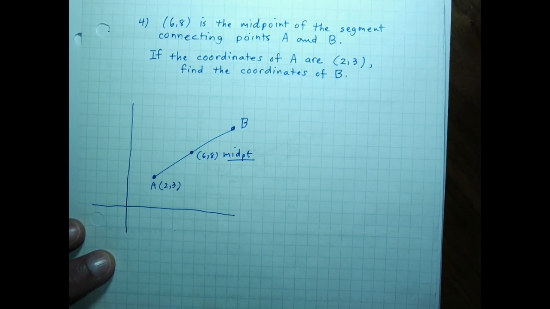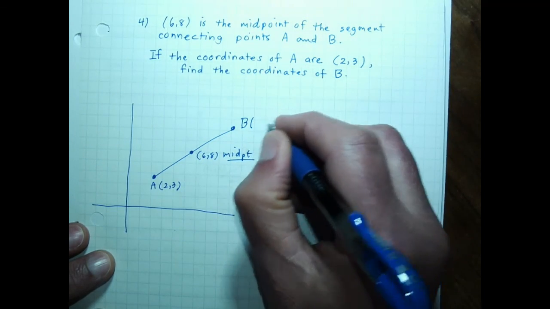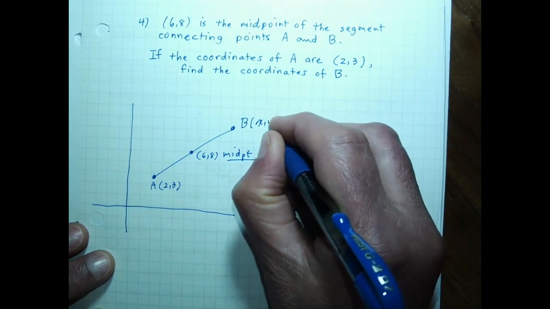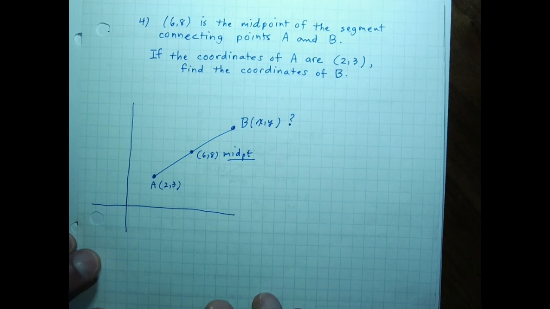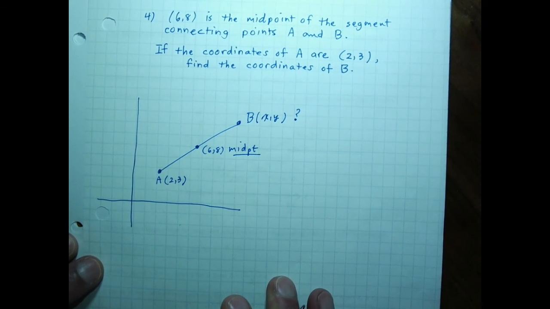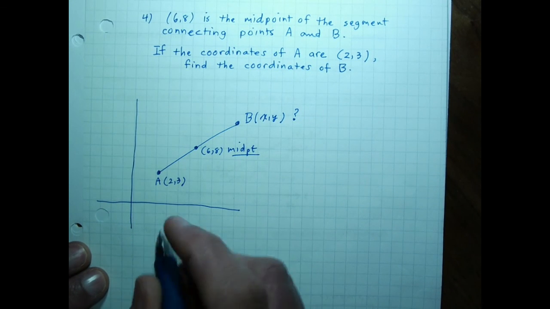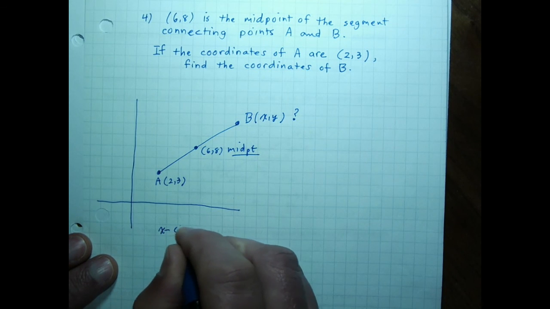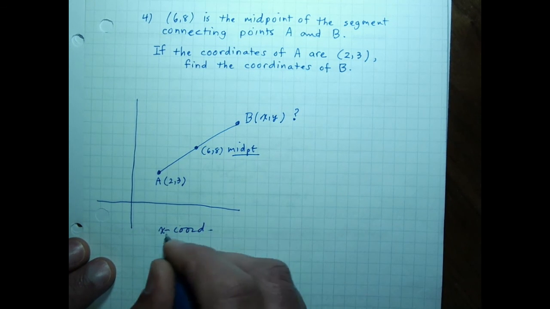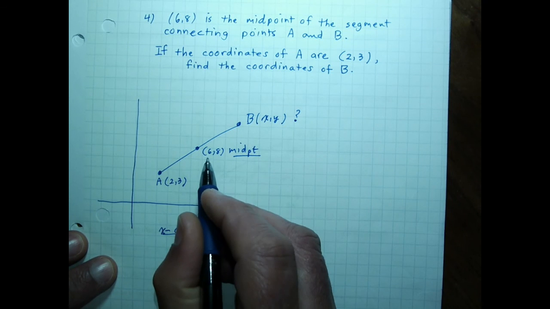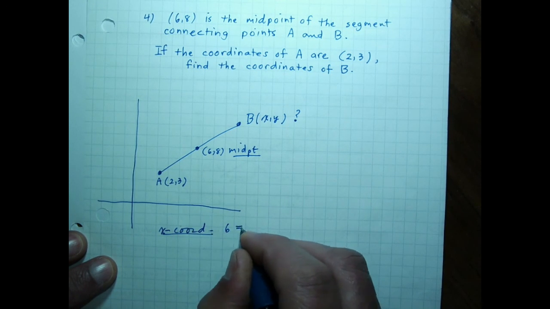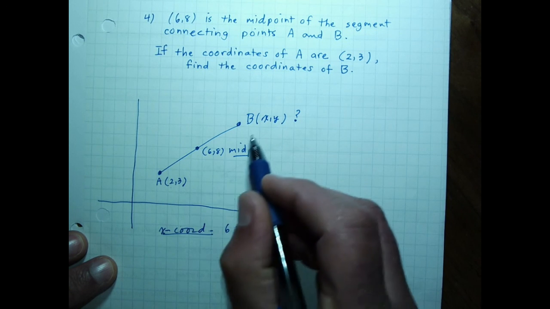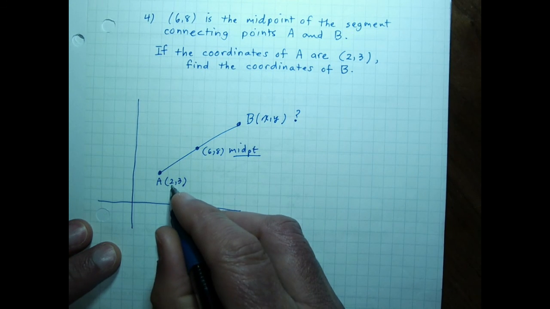Maybe I'll call this point (x, y), and we don't know what that is. Now, I have to work backwards through the midpoint formula here. I know what the x-coordinate of the midpoint is, so 6 is equal to the average of the x-coordinates of the endpoints.